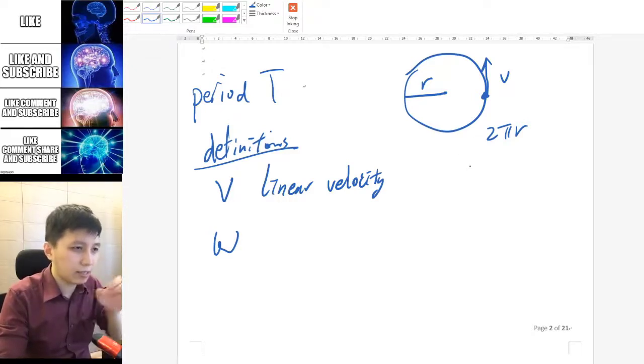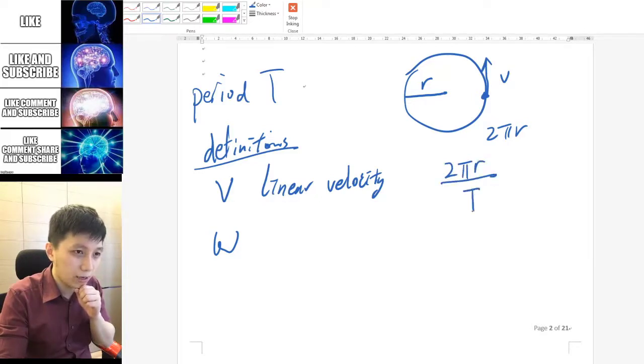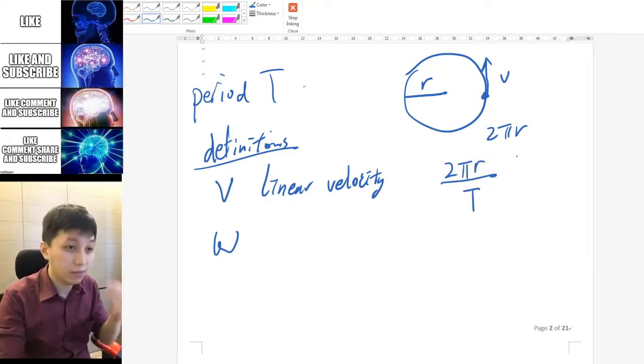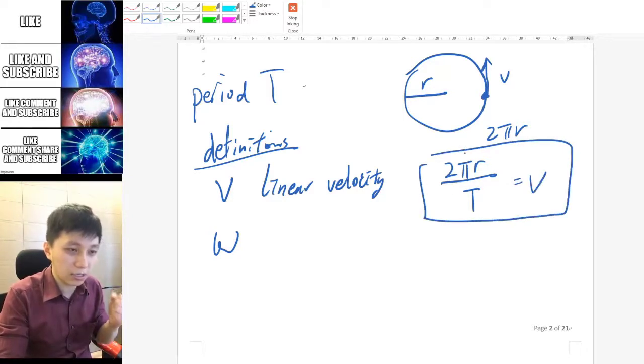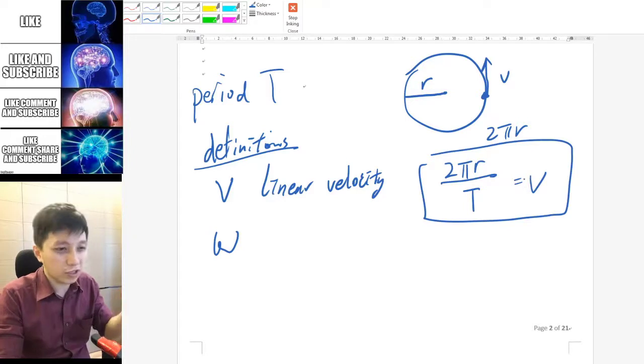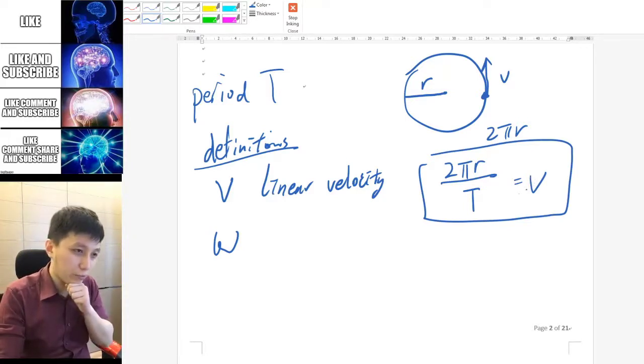Then how do we relate this? It is as simple as 2 pi r over T, distance over time equals to velocity. So this is an equation that you need. If you want to rearrange it, it's up to you. Okay, this is one of the definitions you may have.